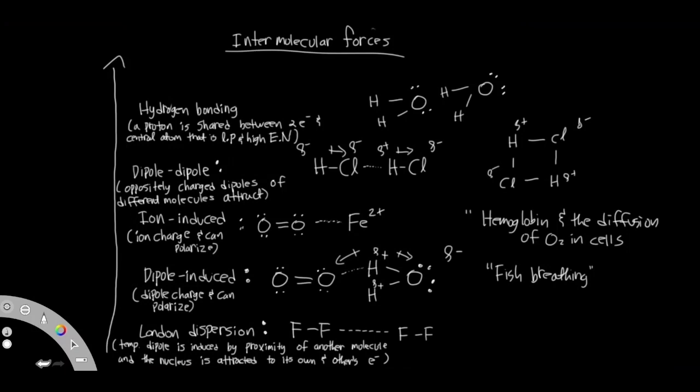If we look at our H-NOF principle, H is going to be our proton, and it's shared between two electrons, but which one is going to be the central atom? Is it going to be N? Is it going to be O? Is it going to be F? All three of these could work. Hydrogen bonding tends to be H-NOF. H with an N, H with an O, or H with an F.